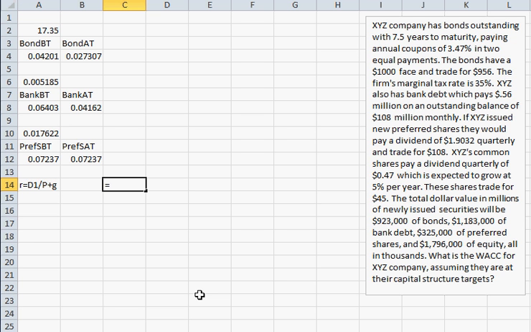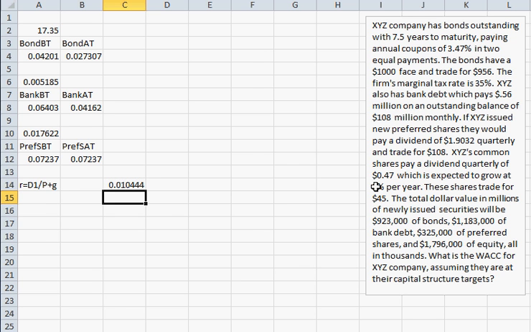So I've got 47 cents divided by $45. So that's a required rate of return on capital, or sorry, the dividend yield, but that's a quarterly rate. So we need to convert that to be annual to mesh with the growth rate, or alternatively, we can leave that as quarterly.